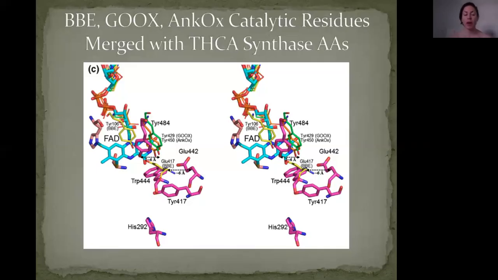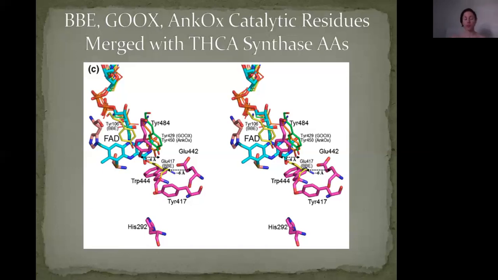So they figured out that the carboxyl group of CBGA is necessary to bind to the histidine 292 to hold the substrate in place while the catalytic reaction goes on. However, it does not play a direct role in the catalysis. And similarly, they determined that the tyrosine 417 plays a similar role in substrate binding, but not necessarily the catalytic reaction.